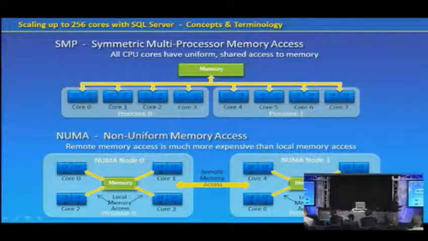In the bottom picture, this is a Nehalem or any of the modern AMD chips. Again, 2 sockets, 4 cores, hyper-threaded. So actually, there are 8 logical processors per socket, and each socket has its own set of memory.